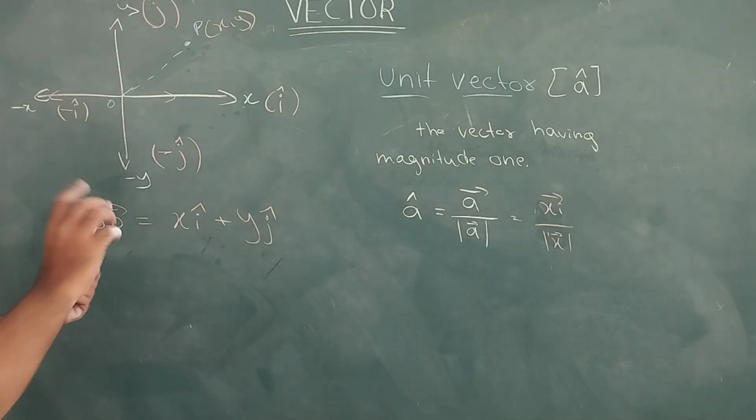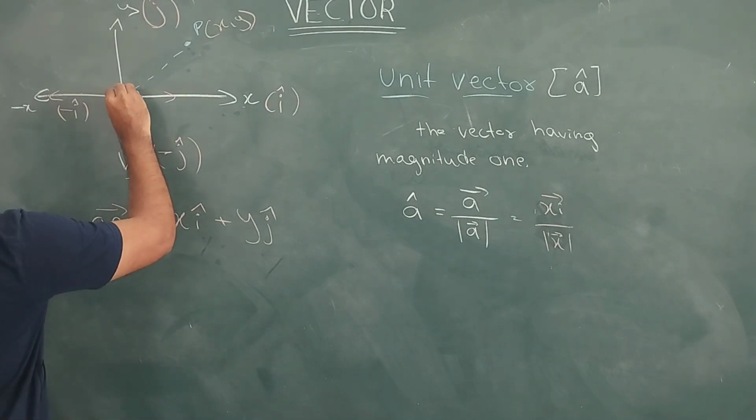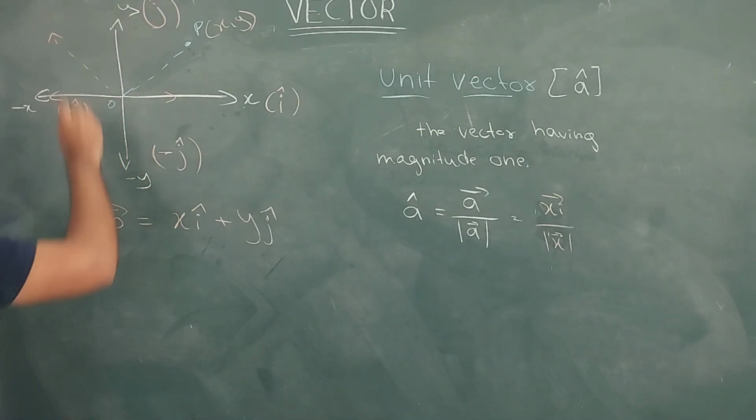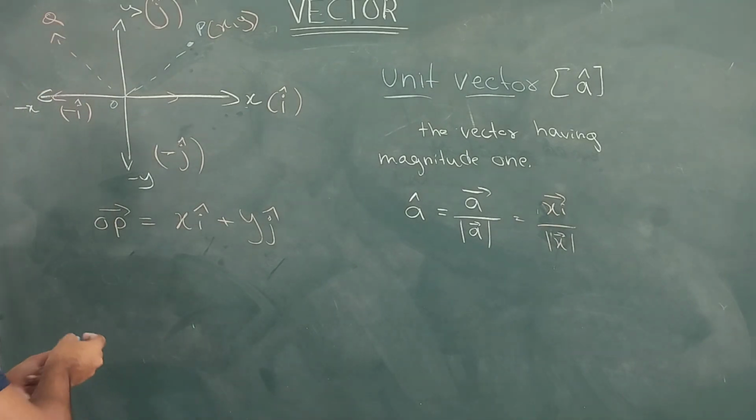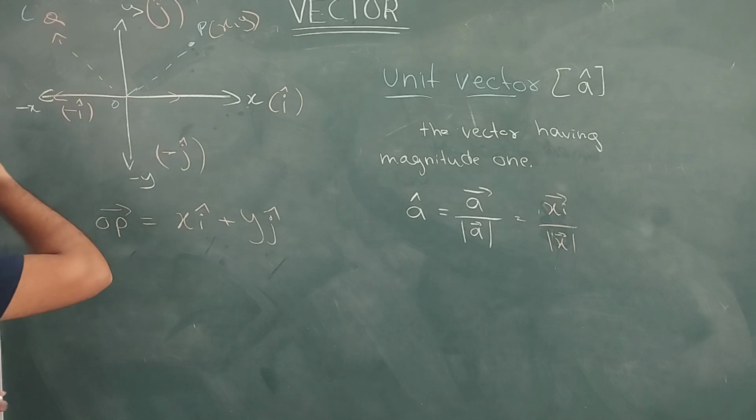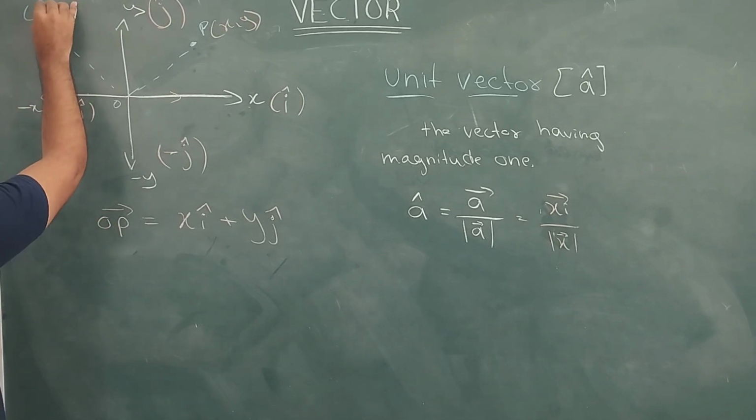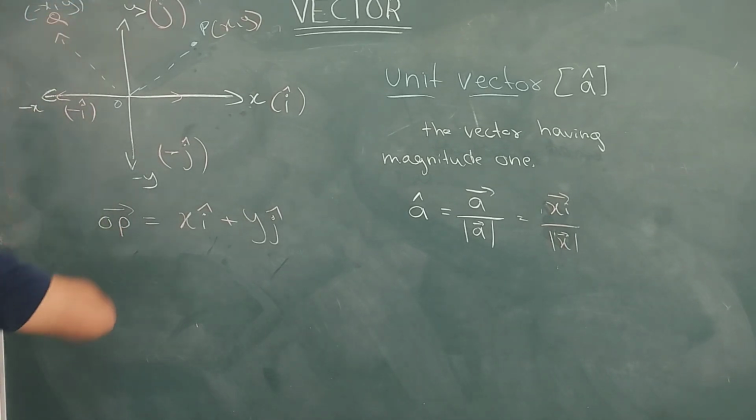Now suppose in this direction you take Q. At that time, carefully see, y is positive, x is negative: minus x, comma, y.